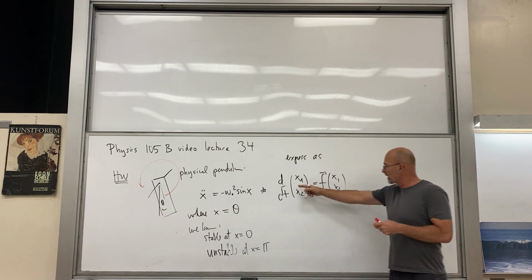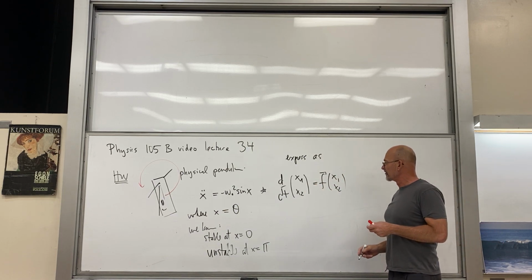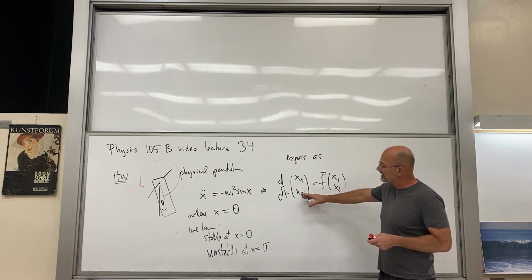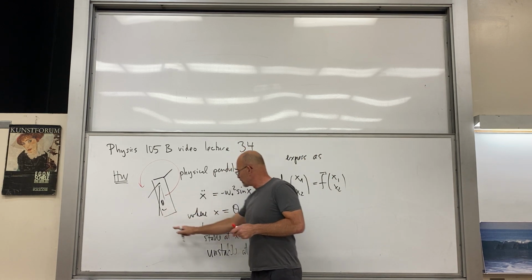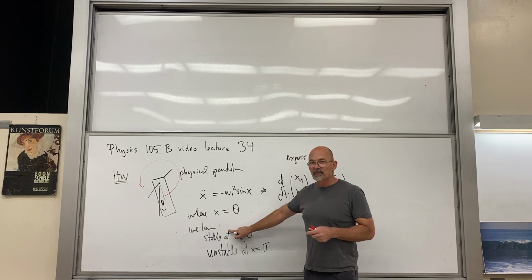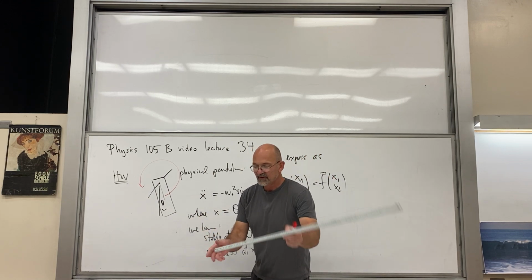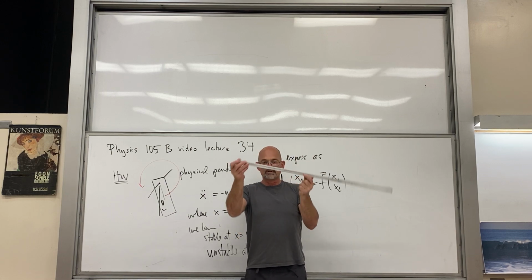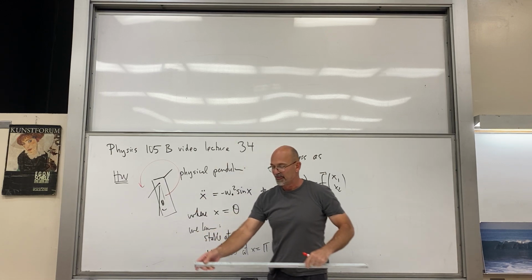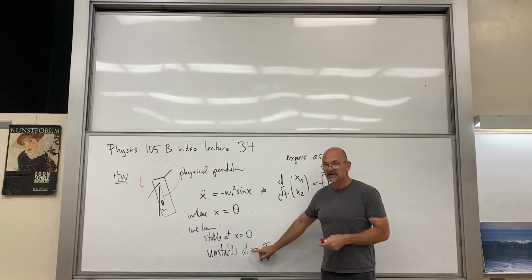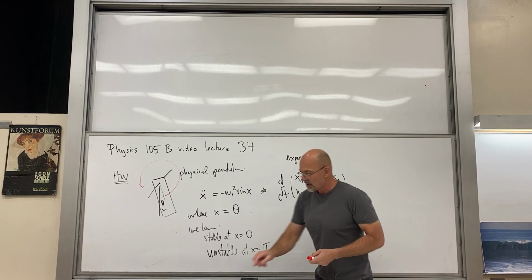We want to express it in this form and then linearize about each of these two respective equilibrium points. This is an unstable equilibrium if the pendulum is standing up here, and of course it's a stable equilibrium down there. So you're just going to do the formal analysis, and of course you're going to find unstable and stable.